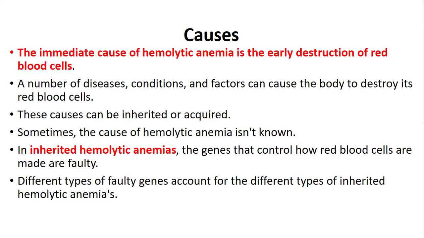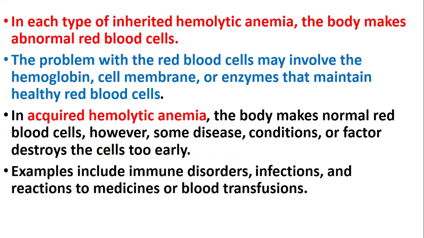If it is inherited, it will be due to disorders of the genes. The genes that control how red blood cells are made will be faulty, therefore different types of faulty genes account for different types of anemia. Hence, this will bring about this abnormal destruction.